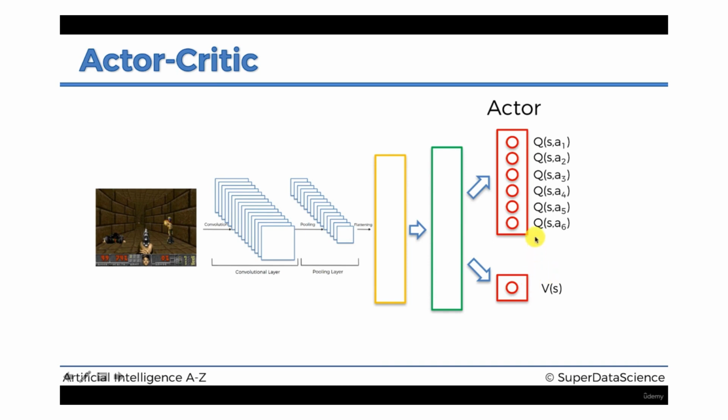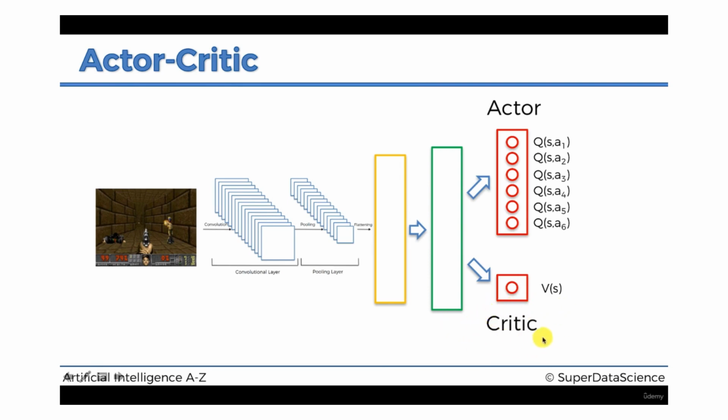So if Q of S and A is the Q value of a certain action, in a given state S, what is the Q value of taking action 1, action 2, and so on. Then here we're also using the neural network to predict the value of the state we're actually in. And this part is called the critic.